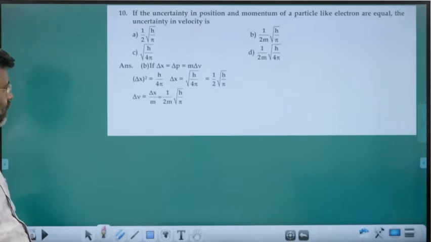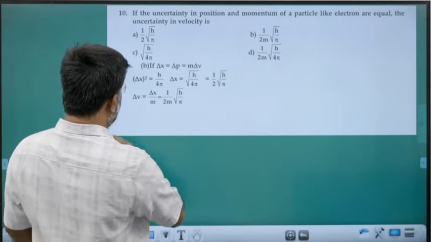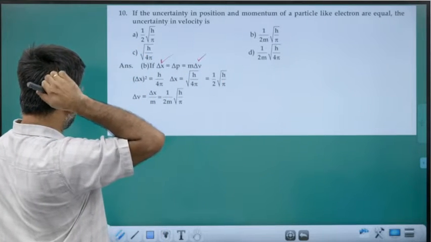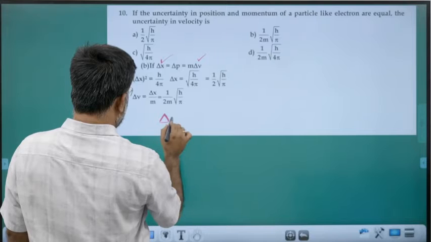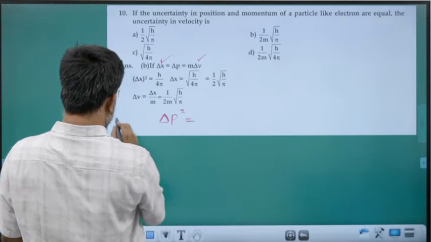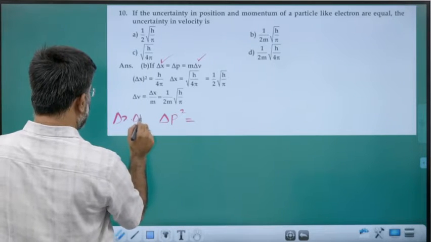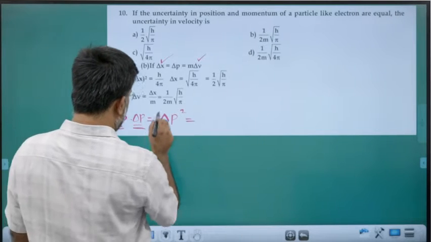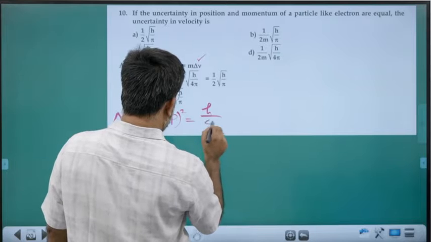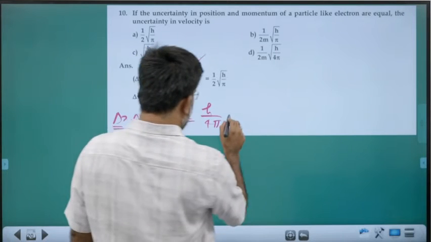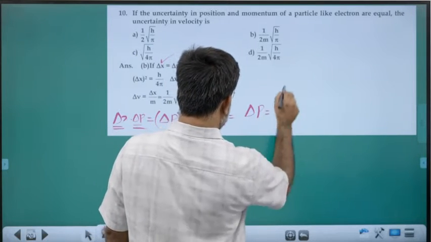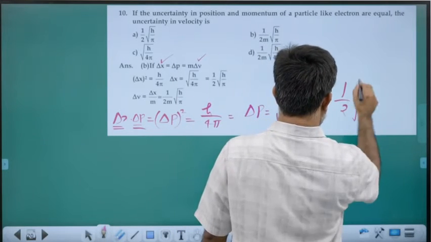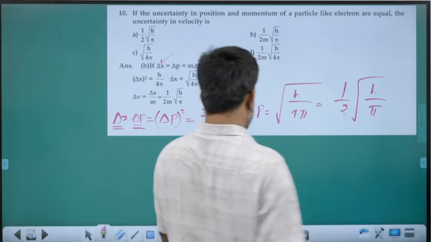How to find out? You see, delta x is equal to m delta v. So you can write delta p square is delta x into delta p. So this is equal to this. So delta p square is equal to h by 4 pi. That is delta p is equal to root h by 4 pi, that is 1 by 2 root h by pi.